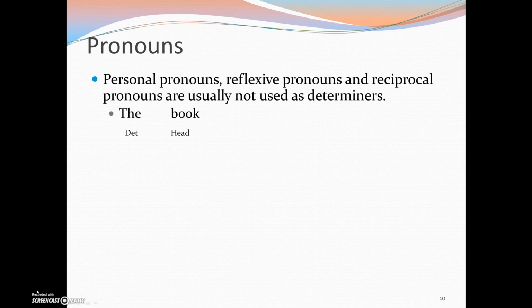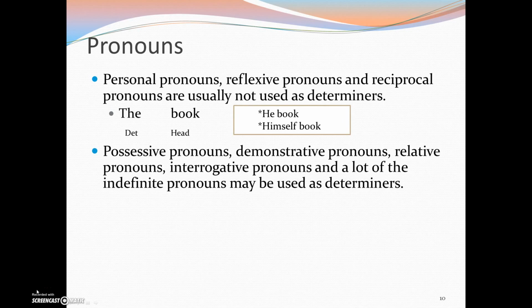So we can see we have an example here, the book. We have the, which is the determiner, and book, which is the head of the noun phrase. If we try and put in a personal pronoun or a reflexive pronoun, we can see that it doesn't really make any sense. He book, himself book doesn't actually work.